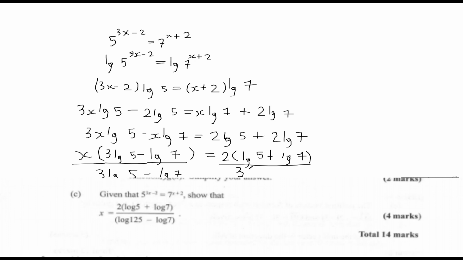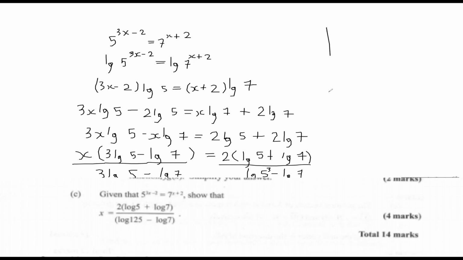So the final answer is 2 times log 5 plus log 7 divided by 3 log 5 minus log 7. Now 3 log 5 is the same as log 5 cubed.